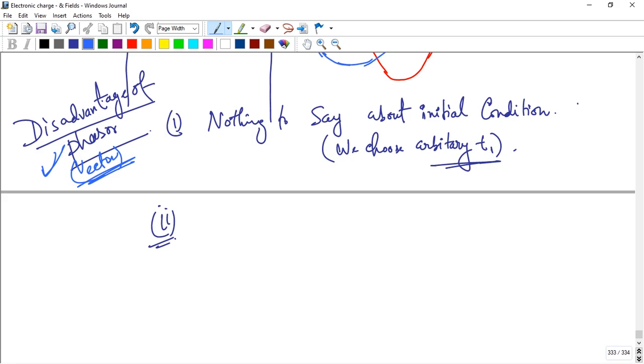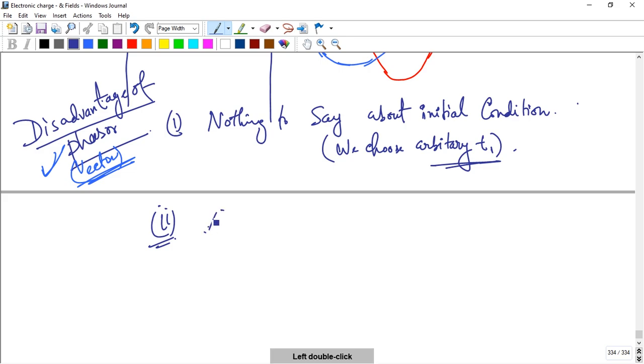Keep in mind, this is a steady state solution, not a general solution. The solution we get by drawing a phasor is called a steady state solution, and that's very important.